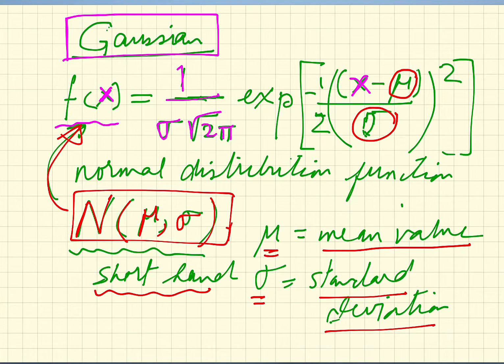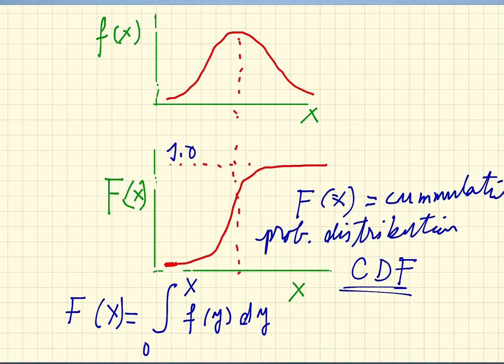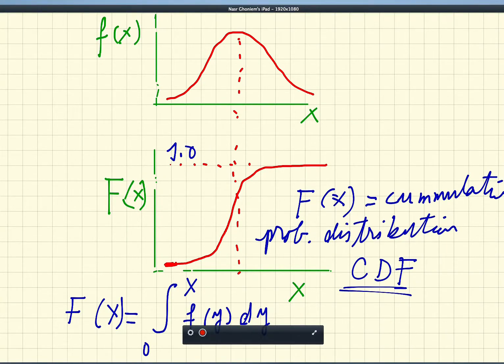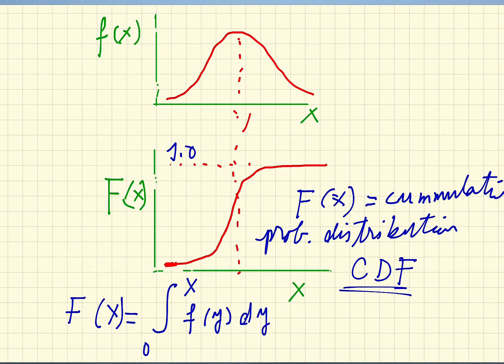So if I look at now the situation, I have the PDF, f of x versus x. It gives me a Gaussian, and it's centered around the mean value, and the mean value is mu right there.